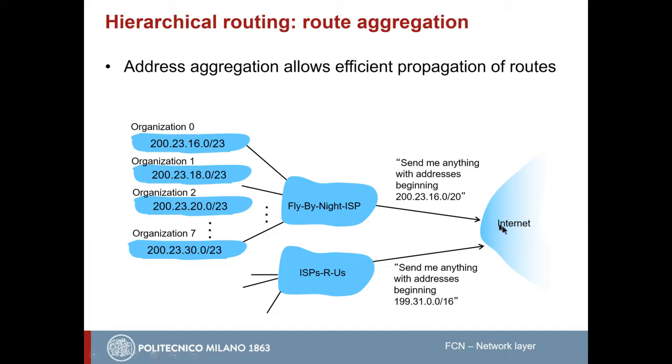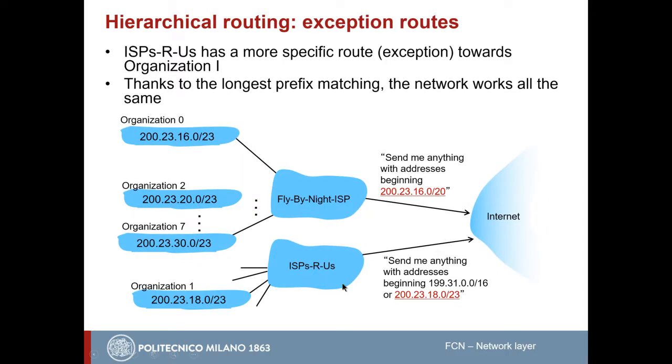So all the packets that match this entry will be sent to this area, this network. But we are also adding another entry, which is a new network sharing the same path with the previous one.